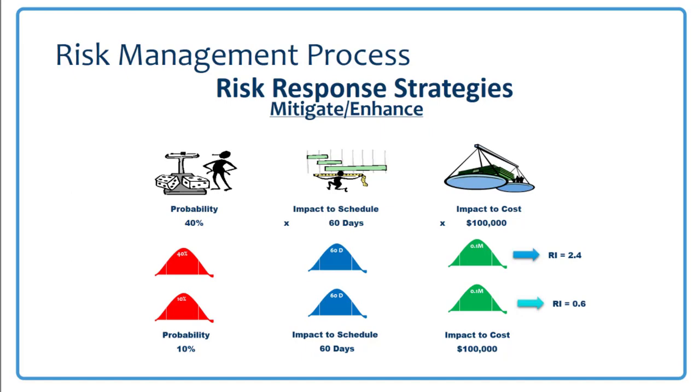But in this case, we've reduced the probability of occurring to 10%. Still have a 60-day impact to the schedule if it happens, and it still has a $100,000 impact if it happens. So we've, in this case, just reduced the probability.